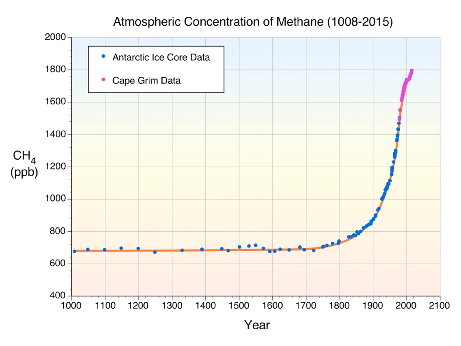So here we see the trend in methane from about 1000 AD to 2015. Once again, we can see that starting in about 1800, the trend in the increase changes drastically and becomes much more exponential in nature.